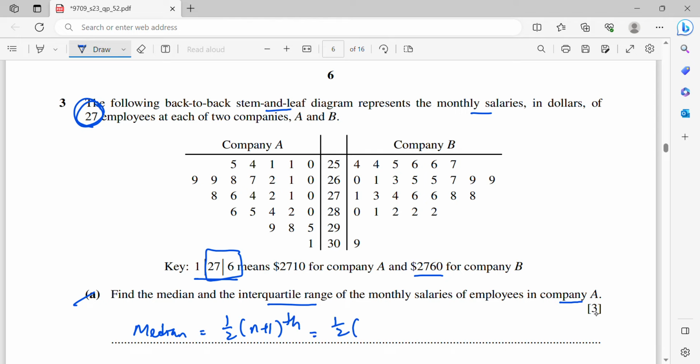That means it's (27+1)/2, which is 28/2, the 14th value. So counting 1, 2, 3, 4, 5, 6, 7, 8, 9, 10, 11, 12, 13, and 14, the answer will be 2710.